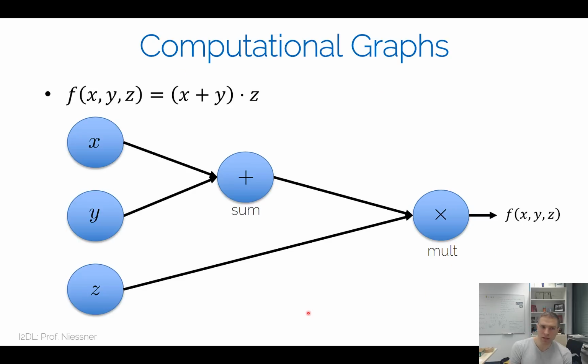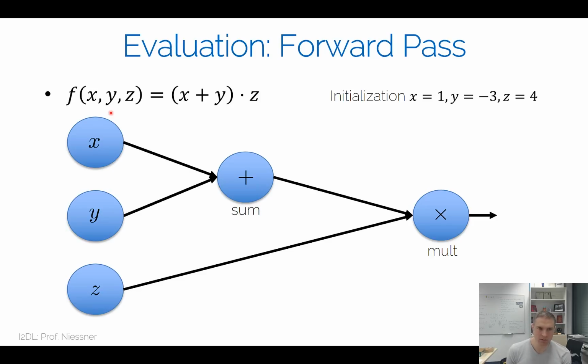We have this function, we mapped it to our computational graph. Now, assuming we want to evaluate our function f, and we want to figure out what the respective output is. Well, assuming we set these inputs here, x, y, and z, to certain values. So let's say we initialize x is equal to 1, y is equal to -3, and z is equal to 4. Right? So this is just our input.